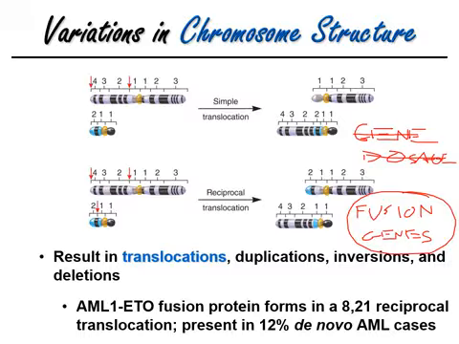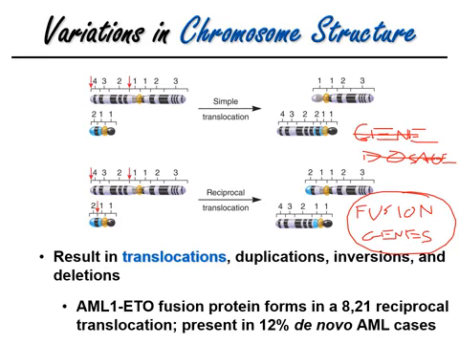We're talking of all the acute myelogenous leukemia cases that spring up out of nowhere, de novo, right? So these are individuals that have no history of it in their family or anything like that. They're not exposed to tremendous carcinogens or anything like that. They just all of a sudden have acute myelogenous leukemia.